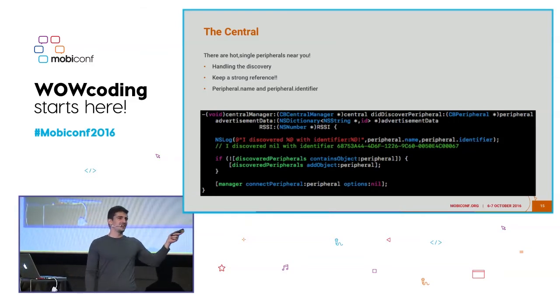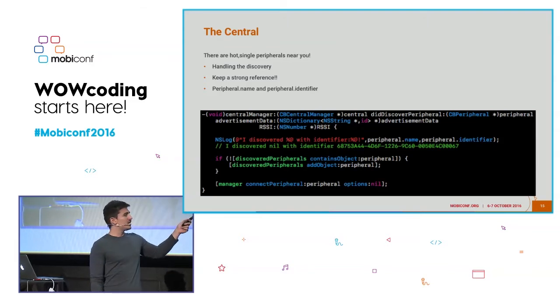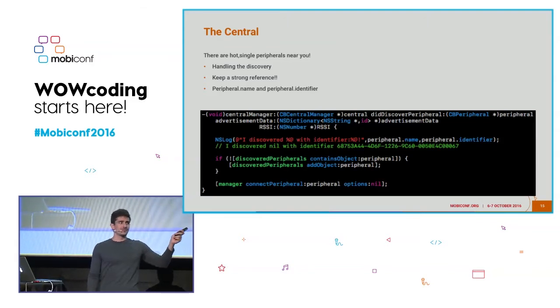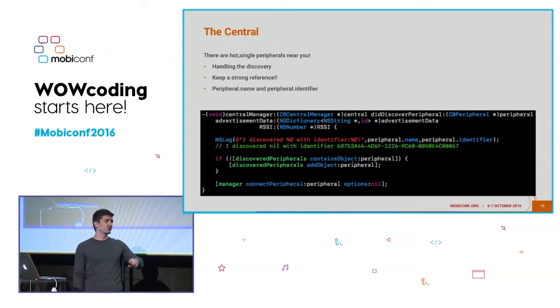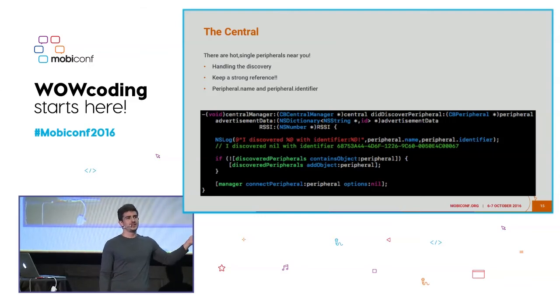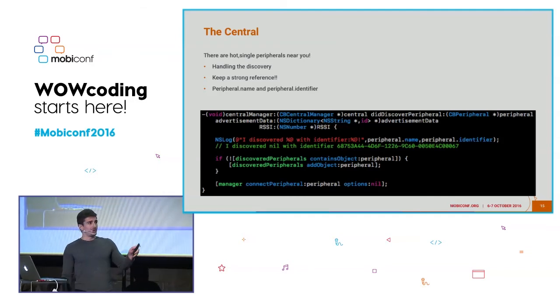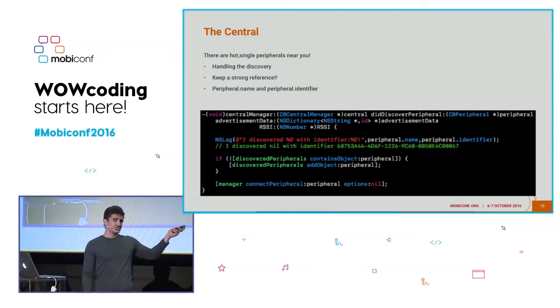And the identifier is a seed algorithm that will be generated by the CB Central Manager and the OS internally. People have tried to figure out how it works, but the long story short is, it's the only thing you can keep as a real ID. However, there's a caveat, which I'll get to in a second. You also should know the identifier is an NSUUID.